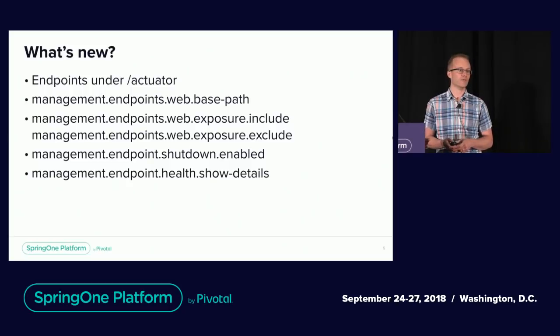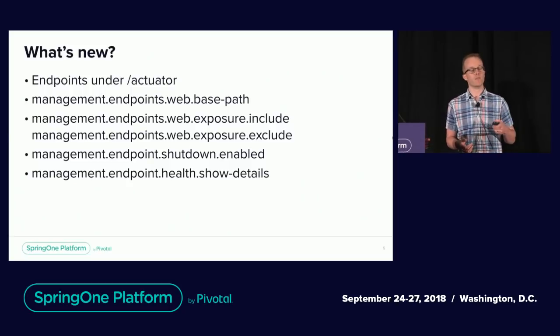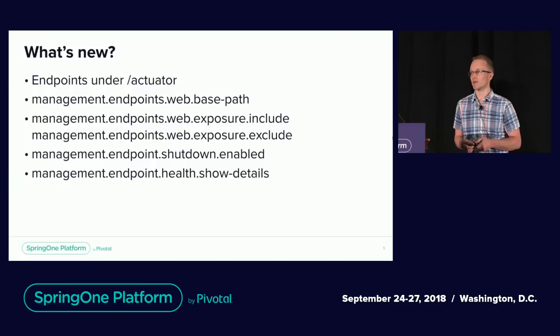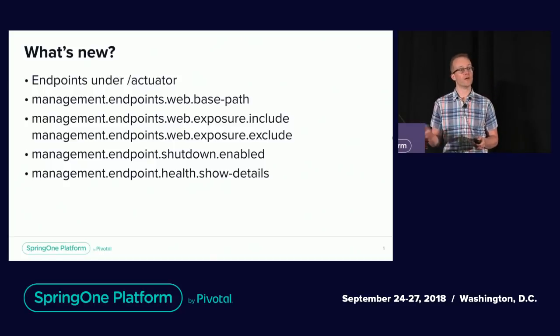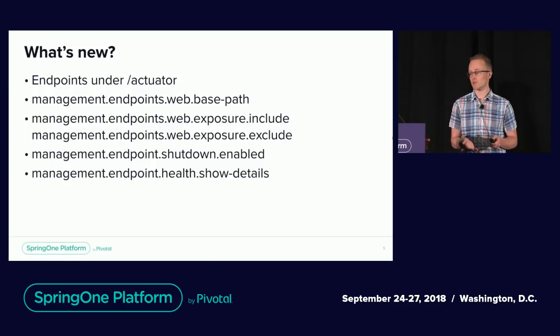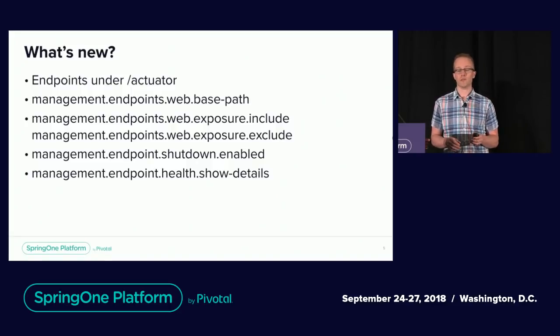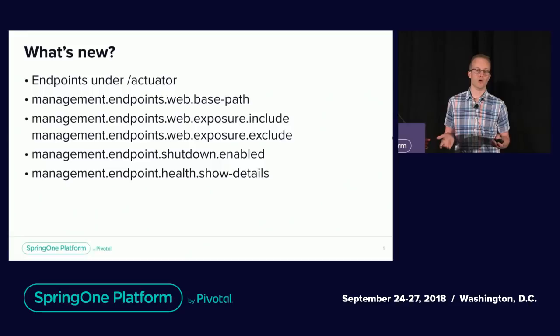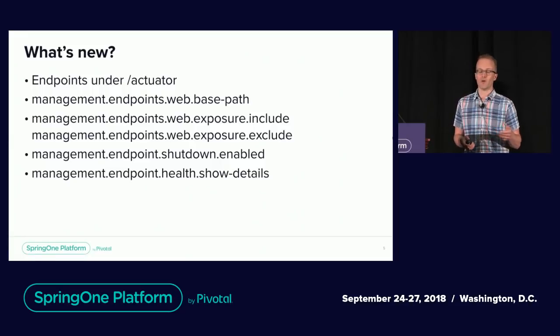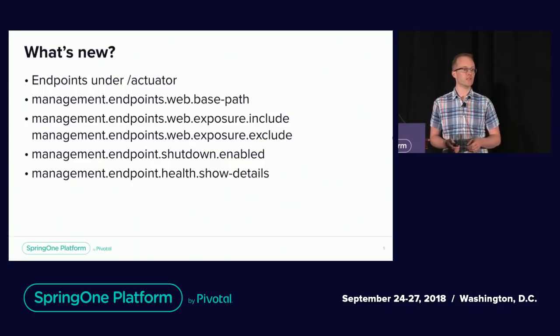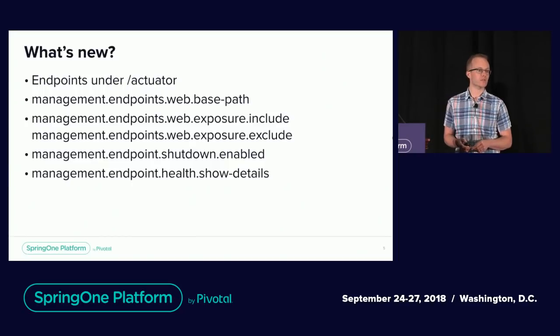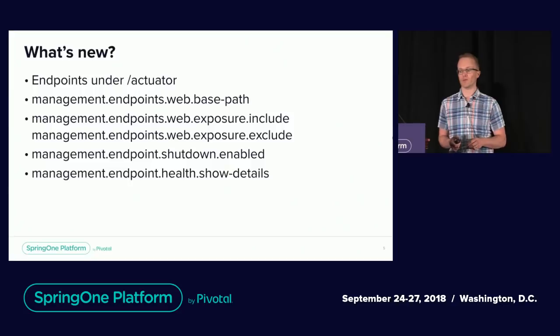Then if you access the endpoint as an authenticated user and that user is in one of the required roles, they'll see the details, otherwise they won't. By default, there are no roles that the user is required to be in. So by default, if you set it to when authorized, then any authenticated user is considered to be authorized. If you're using when authorized, you may also want to narrow that down to users in specific roles.